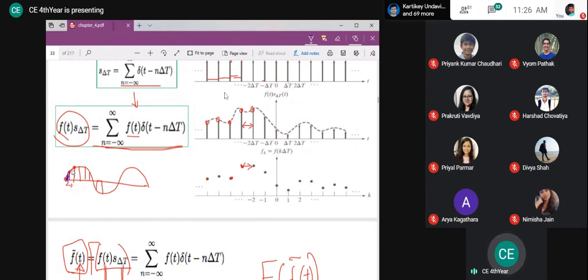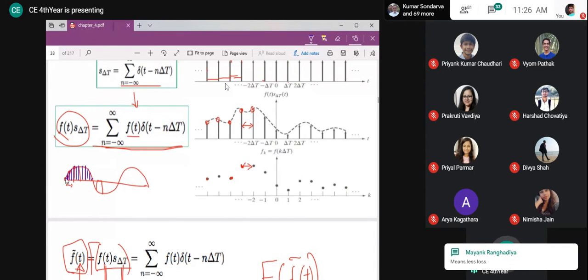It will always be better. You can see my delta t is smaller, and I am having more samples. I am getting more samples if my delta t is smaller, and of course it is beneficial because I am able to get my signal shape.